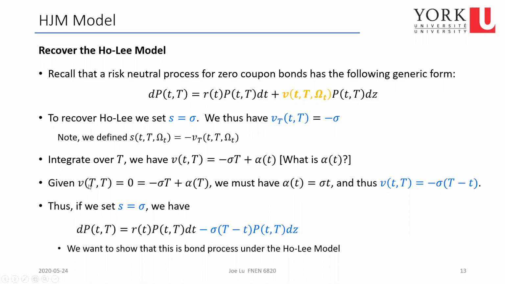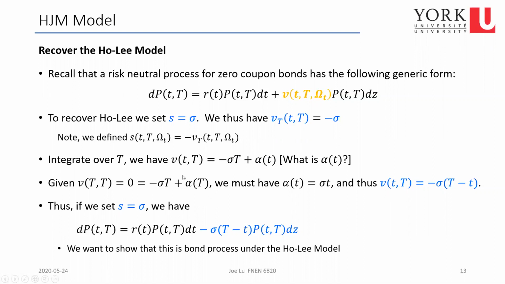So we know that at maturity, the volatility of the zero coupon bond price must be 0. So V at big T must be 0, which means that when little t becomes big T, minus sigma big T plus alpha little t must also be 0 here.